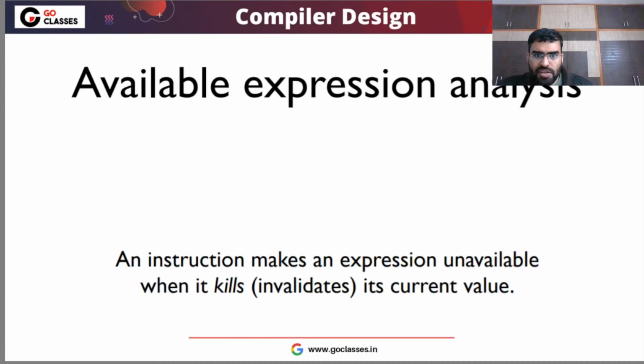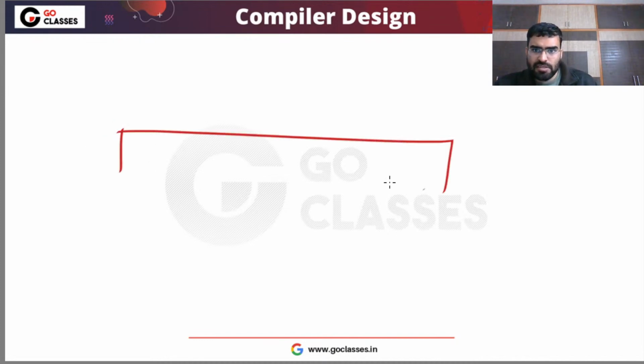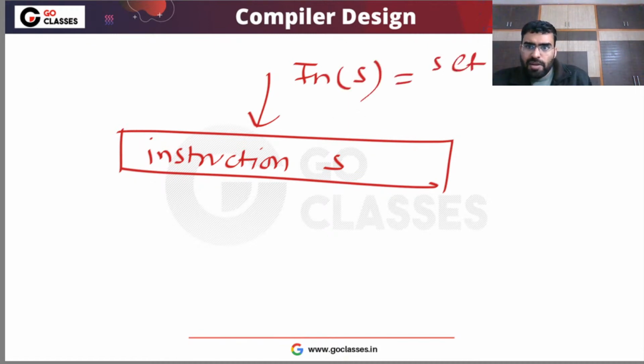Every instruction will affect the available expressions. So basically it is like this: you have an instruction, this is your instruction s, and this is your in. What does this mean? This means the set of available expressions before s.